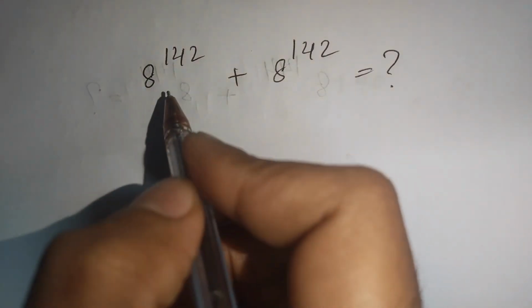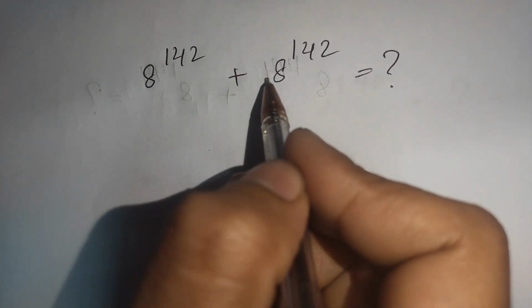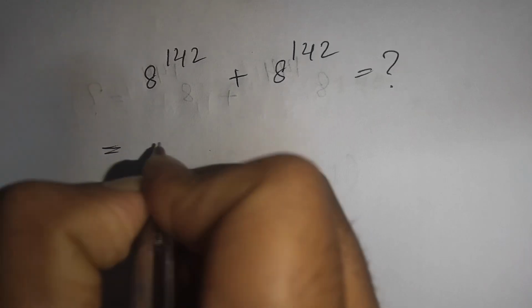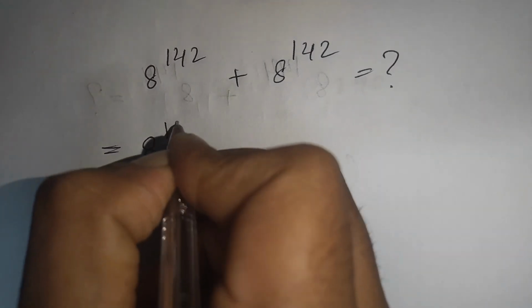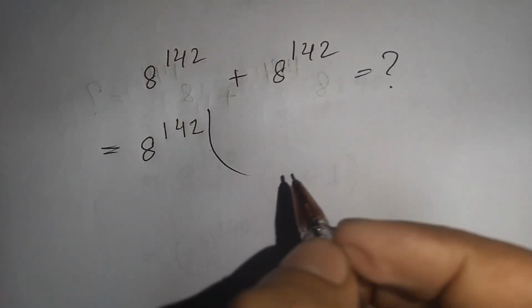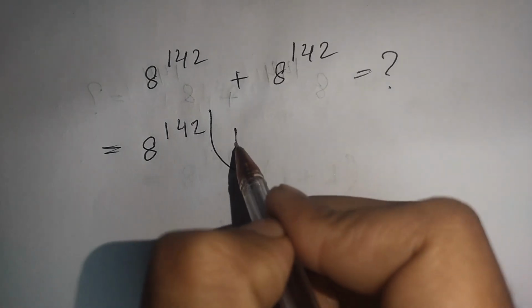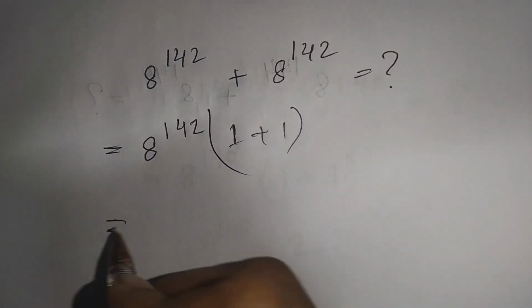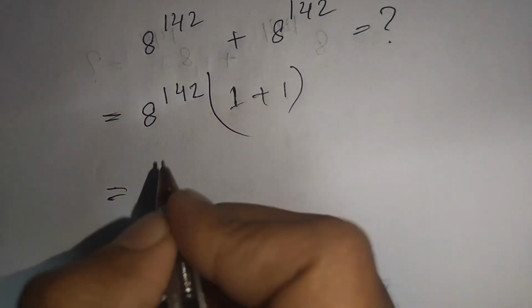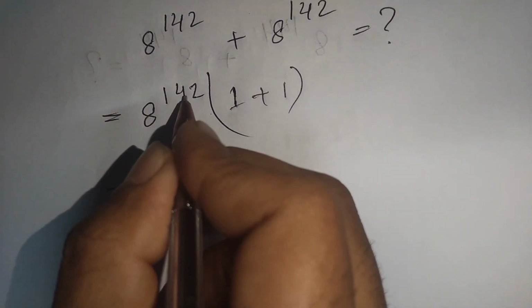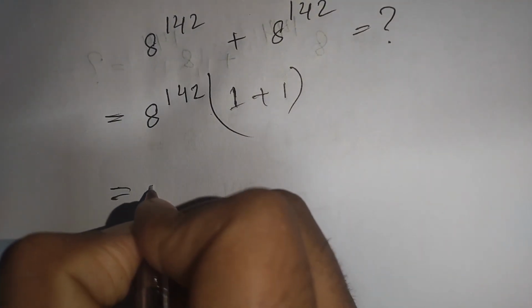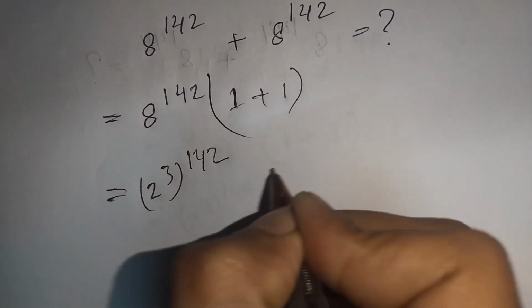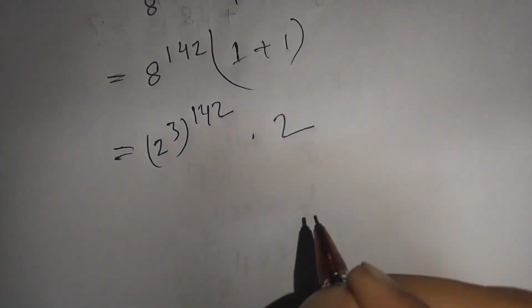How to solve a to the power 142 plus a to the power 142 is equal to what? At first we take common a to the power 142. First bracket start, this divided by this, that means 1, plus this divided by this, that means 1. Now a to the power 142 is the same as 2 to the power 3 bracket 142 times 1 plus 1, that means 2.